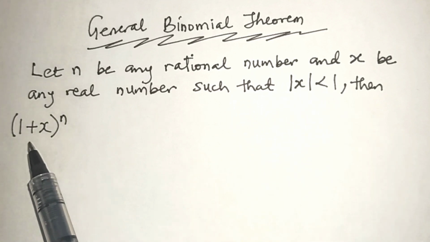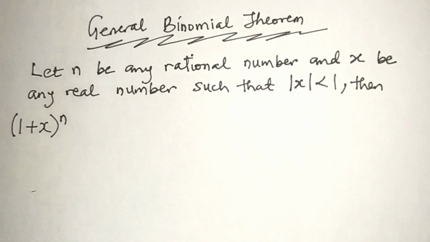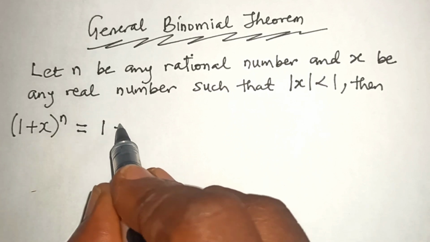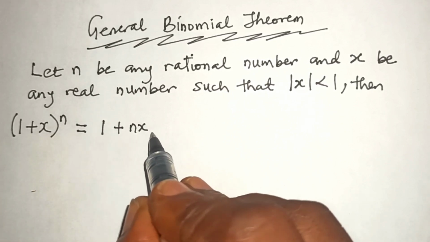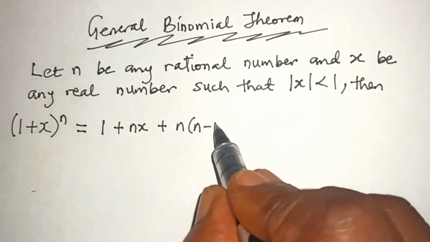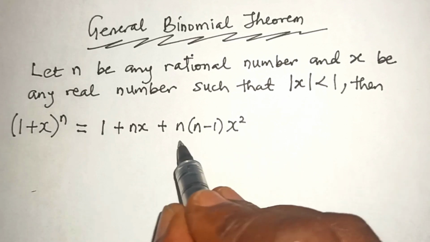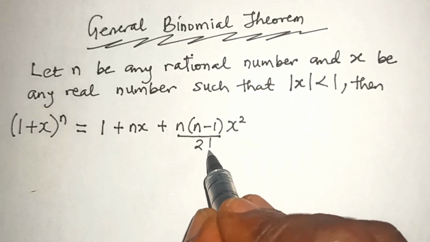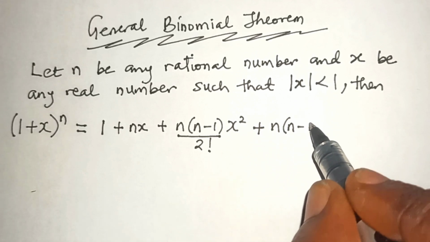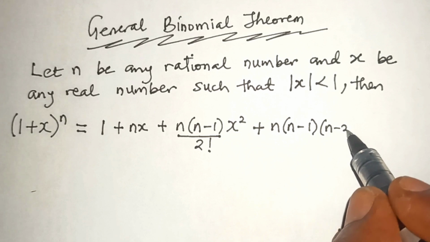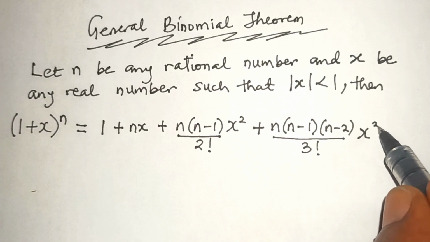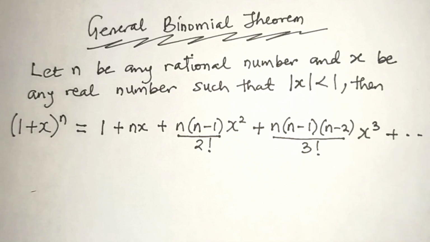Then (1 plus x) raised to the power n is equal to 1 plus nx plus n into (n minus 1) times x squared divided by 2 factorial plus n into (n minus 1)(n minus 2) all over 3 factorial multiplied by x cubed and so on.